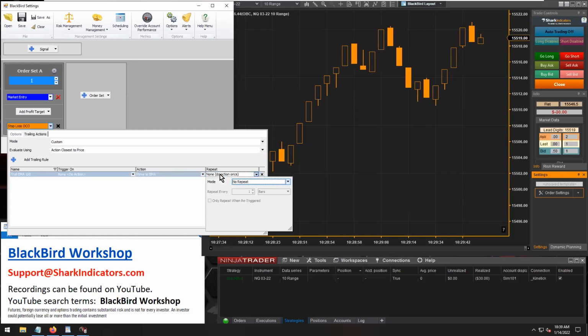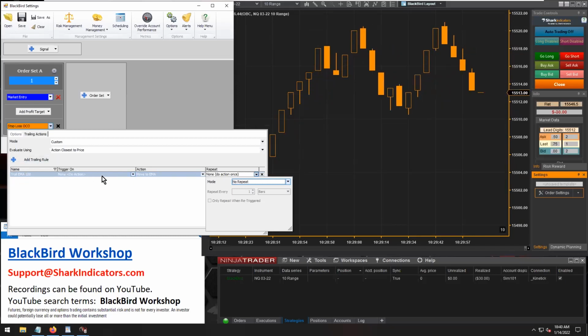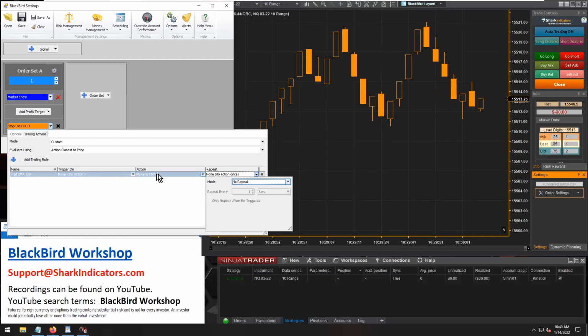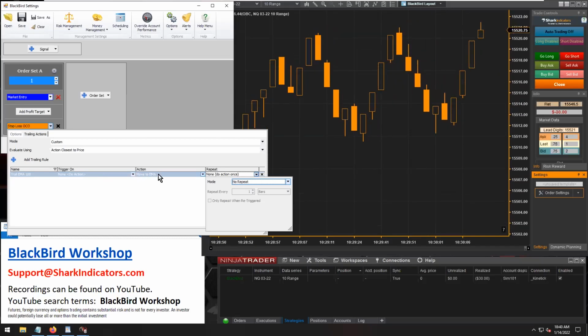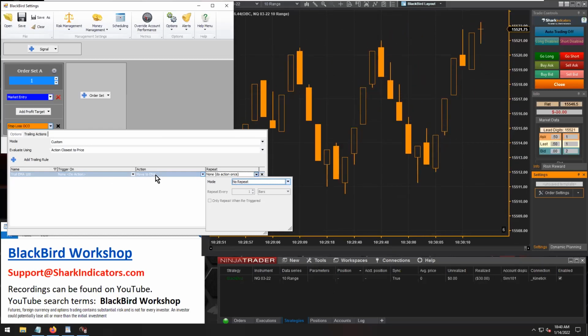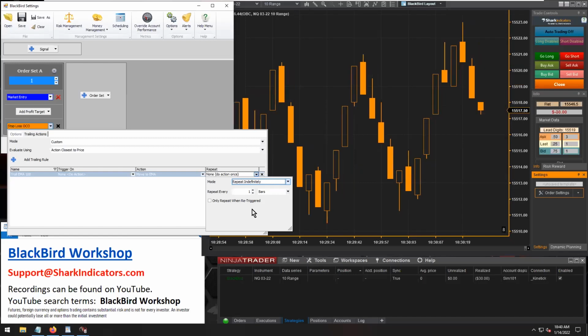And lastly, we're going to go into the repeat. In order for a stop loss to trail, you need your trailing rule to keep repeating. The repeating of the trailing rule is what tells BlackBird to keep moving that stop loss to the new EMA value. So for the repeat, we're going to set that to indefinitely.